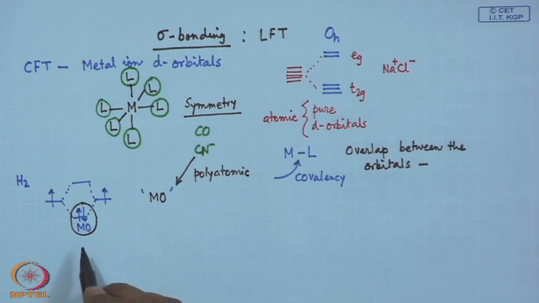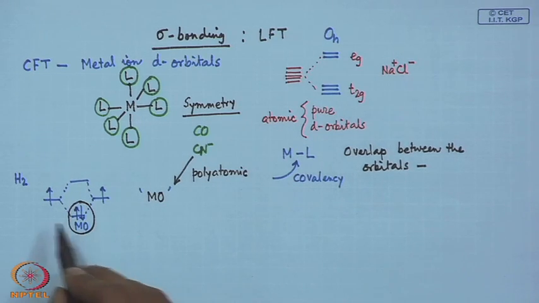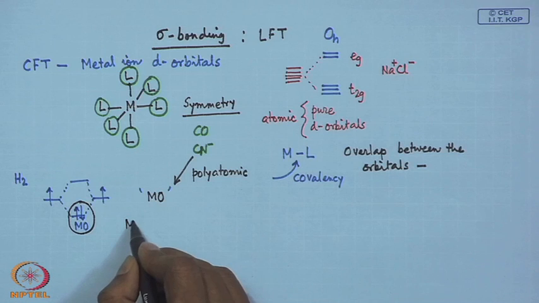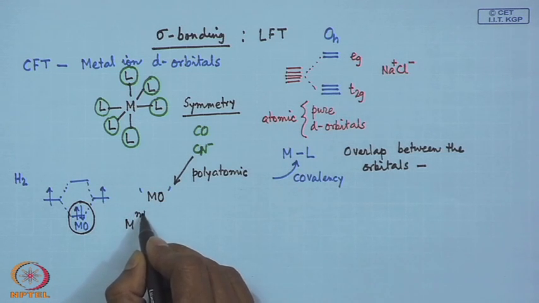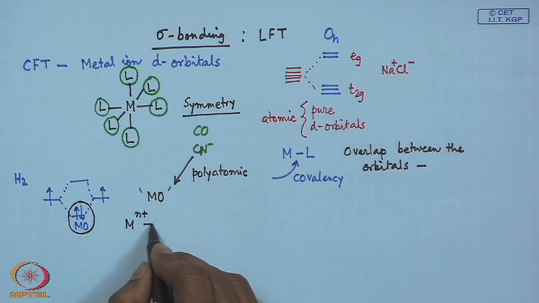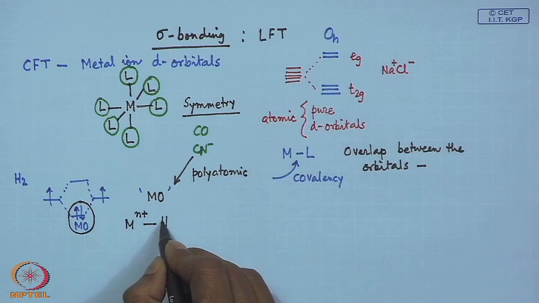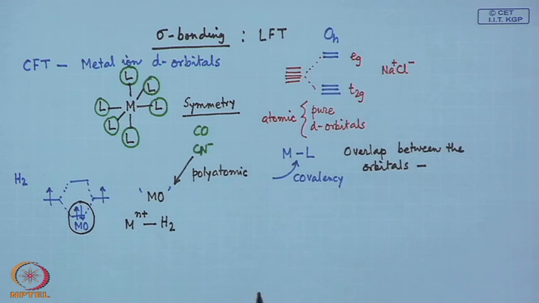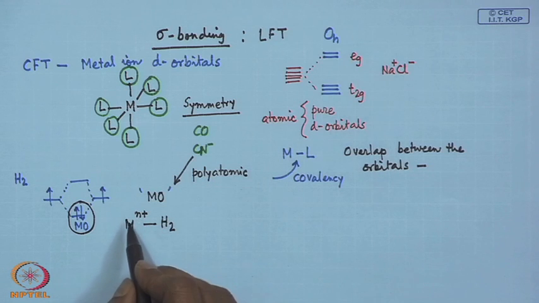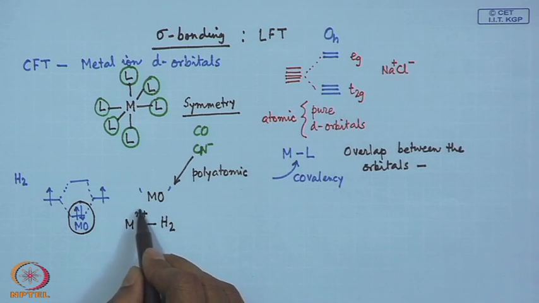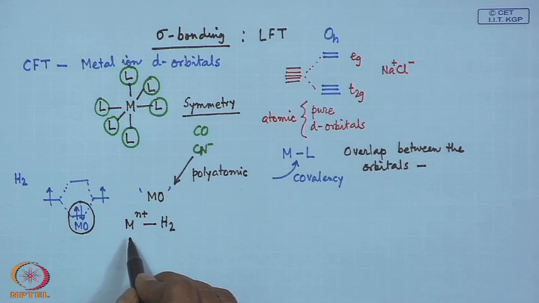Now this bonding molecular orbital can be utilized for some interaction with the metal ion, say if Mn+ is interacting with the H2 molecule. Then what should we consider? We should consider the corresponding molecular orbital of the hydrogen molecule and then some combination with the corresponding molecular orbitals on the metal ion.